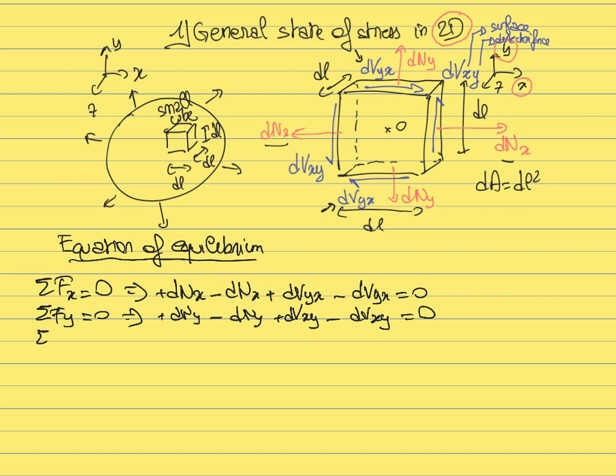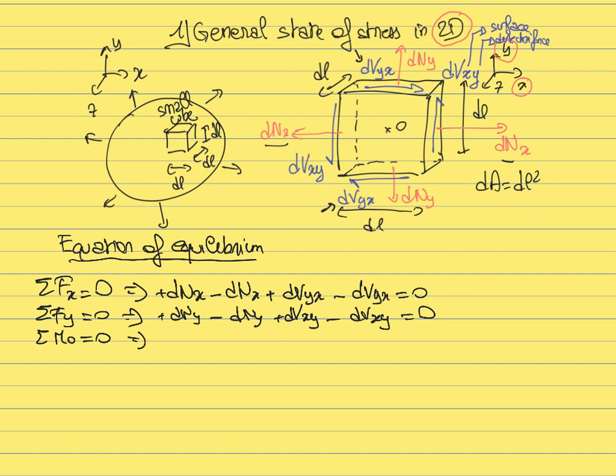So let's write the fact that the sum of the moments about the point O at the middle is equal to 0. So let's see what are all the forces that will be creating a moment about O. So let's look at all the forces. So first we have the dNx forces. Those normal forces dNx do not create any moment about O. Why?